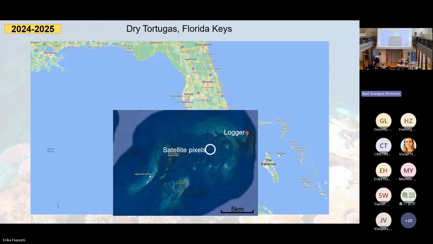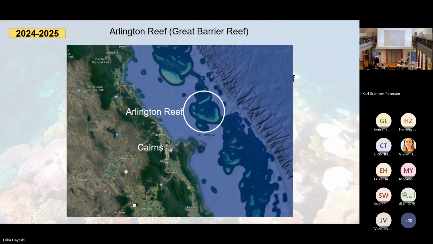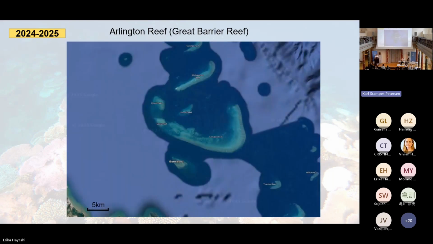That shows you how big a 5 kilometre pixel is, and level 3, by the way. The other is Arlington Reef in Australia, near Cairns, and where the temperature logger and the satellite pixel are.